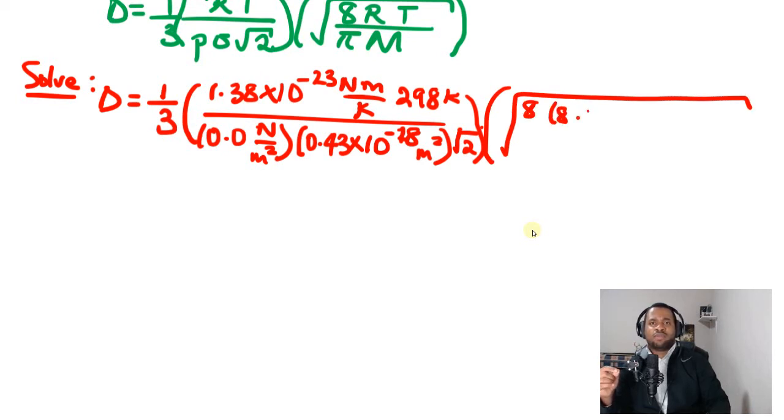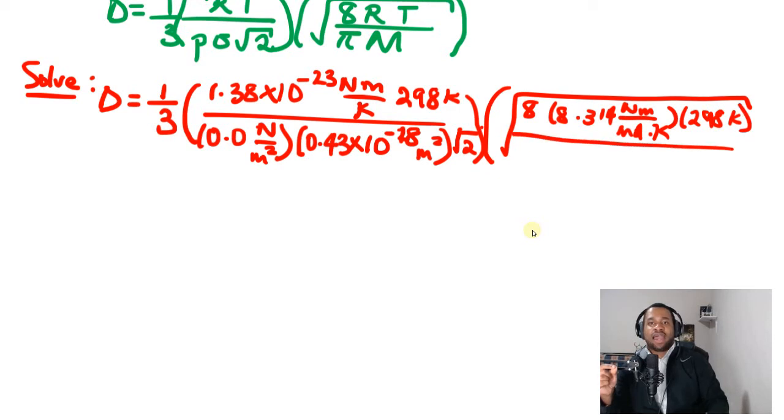which is 8.314 joules, which of course is measured in newton meter, and this is per mole. Take note that it is multiplied by kelvin as well, and on the other side we are multiplying this by our temperature, which is 298 kelvins, and this is all divided by pi multiplied by our molecular weight, which, take note, is expressed in kilograms per mole.